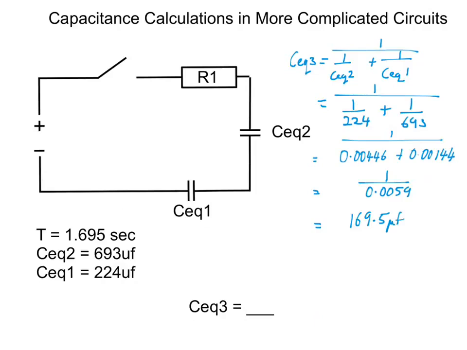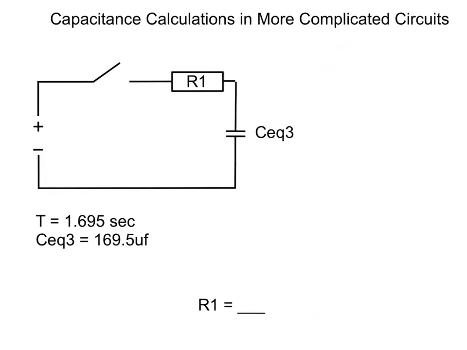Therefore, our last capacitor is now valued at 169.5 microfarads. This now brings our circuit down to look like this.